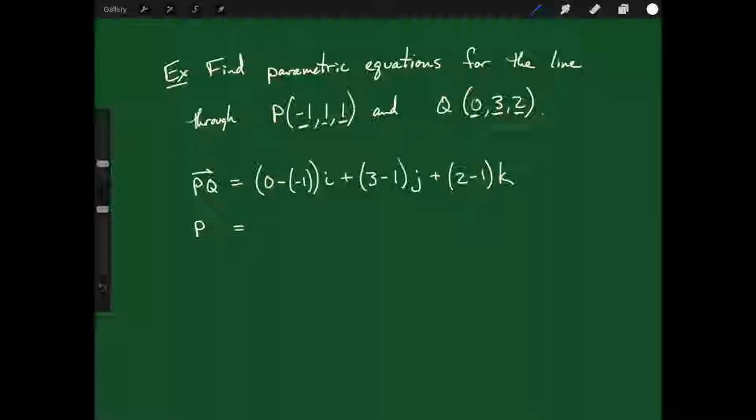And I have that my vector going from P to Q is I plus 2J plus K.